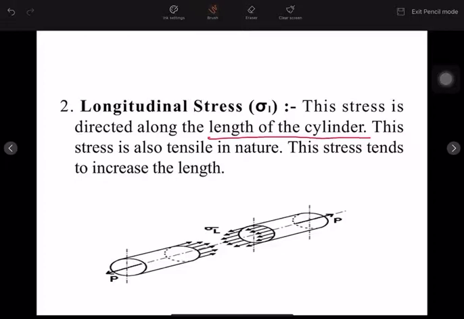In this diagram, you can see a capital P, which is the internal fluid pressure. On the other side, you can see the sigma L, sigma suffix L, the stress along the length of the member, like this one.